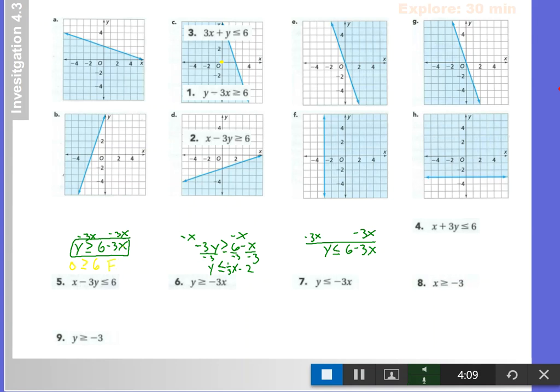Oh no. So that means 1 does not match, does it? Number 3 has to match. Well, I knew that might have been a possibility since we have 9 equations and only 4 graphs. All right, so then let's move on to the next one.